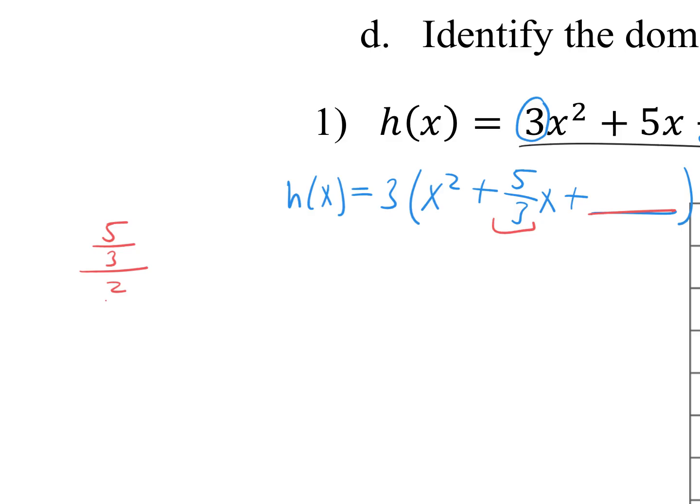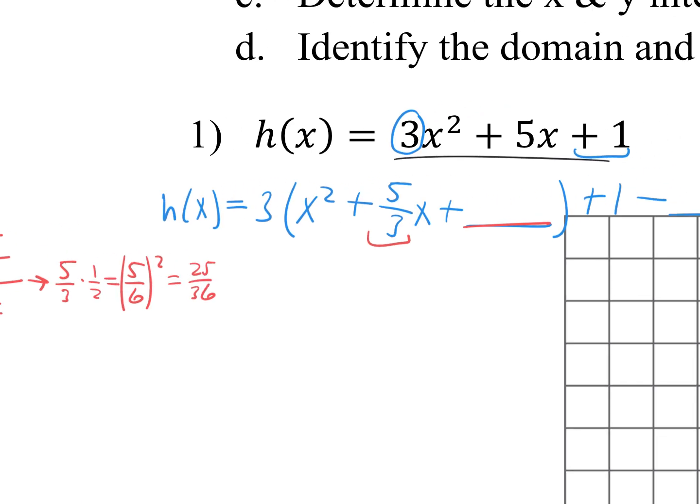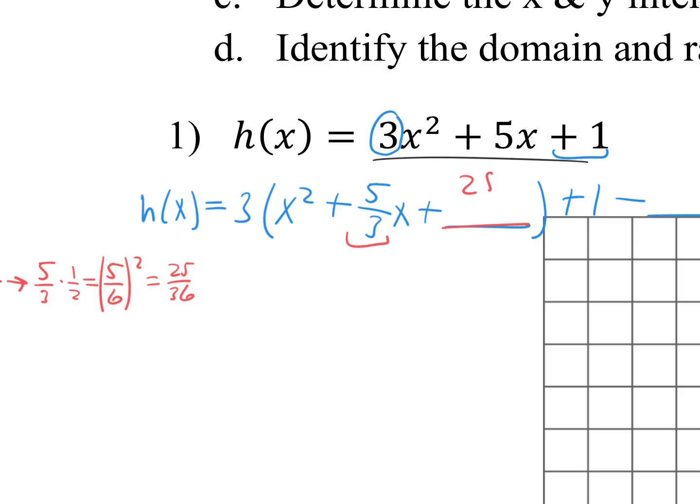So this is the same as 5 over 3 times 1/2, and so this is going to get you 5 over 6. So this is my b over 2, and then I want to square it. When I square this, I get 25 over 36. So in this little space is going to be 25 over 36.